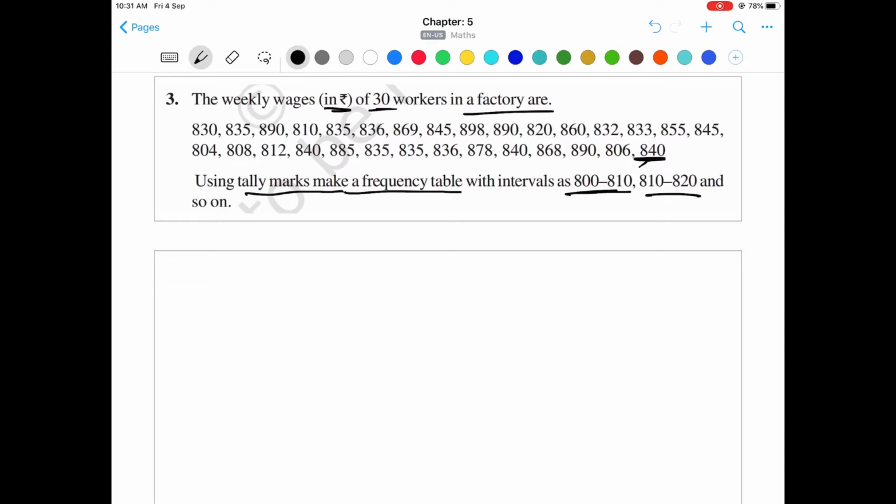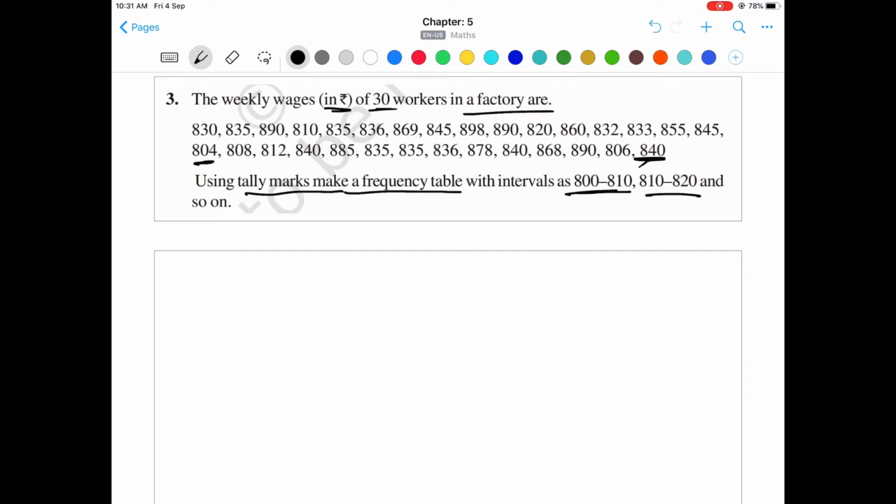So as you can see, let's find the least data. The smallest data here is this, I think 804.